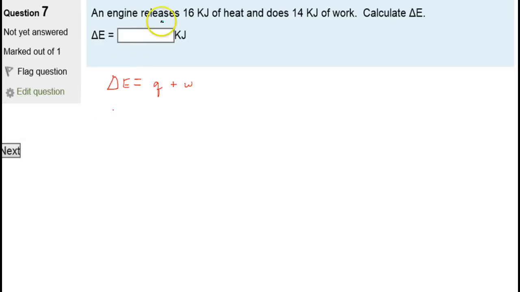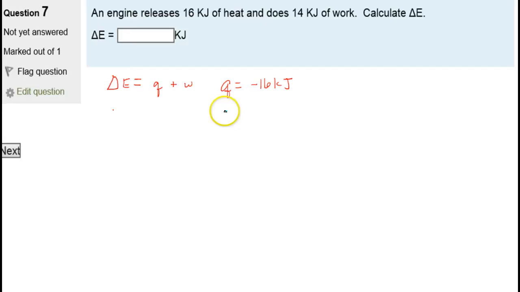If we know these two things, we can quite easily calculate the change in internal energy of a system. So in this problem here, it says that the engine is releasing 16 kilojoules of heat. So if it's releasing heat, the sign of heat will be negative. If the system is absorbing heat, the sign will be positive.